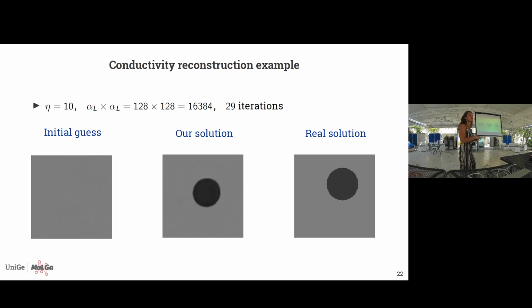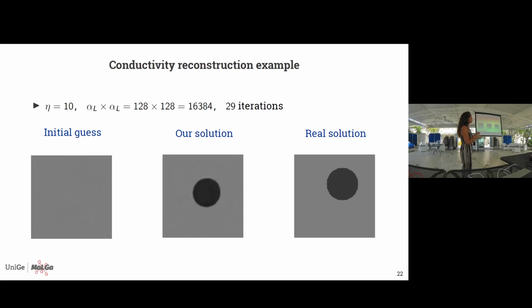And are you interested only in the fact that there are 2 different regions and you want to find the region, or in the Calderón problem you would also like to know the value of the conductivity? No, I also want to recover the value of the conductivity, but the value here is represented by the color.